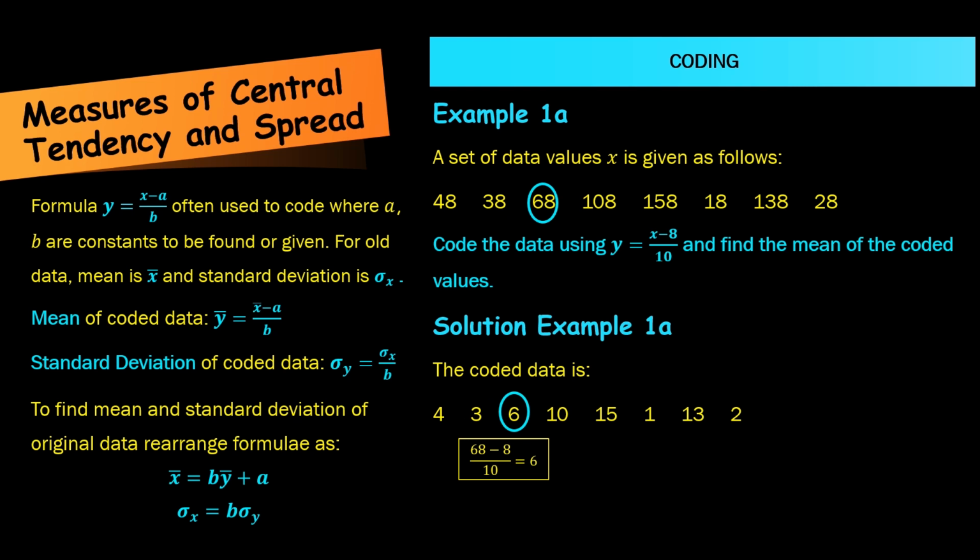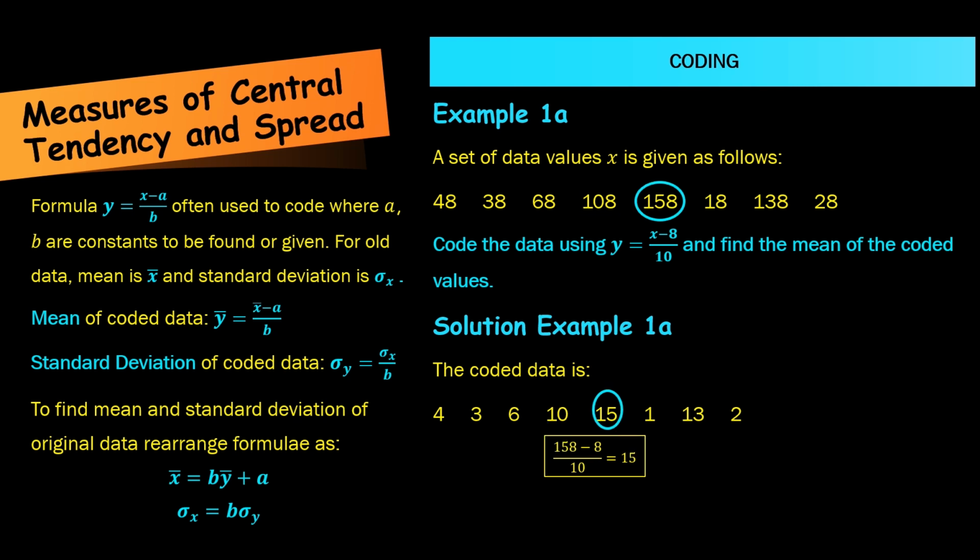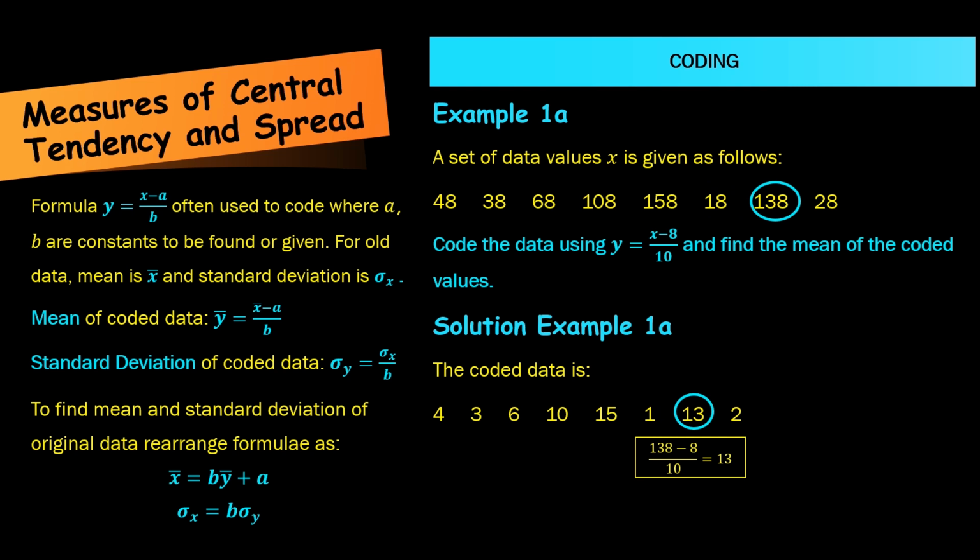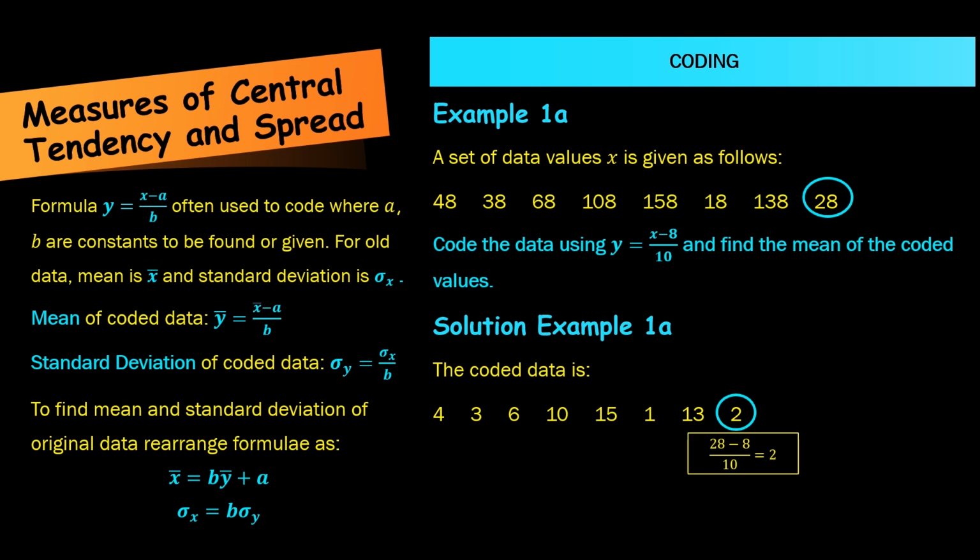Here, 68 minus 8 divided by 10 is 6. 108 minus 8 divided by 10 is 10. 158 minus 8 divided by 10 is 15. 18 minus 8 divided by 10 is 1. 138 minus 8 divided by 10 is 13. And finally, 28 minus 8 divided by 10 is equal to 2.